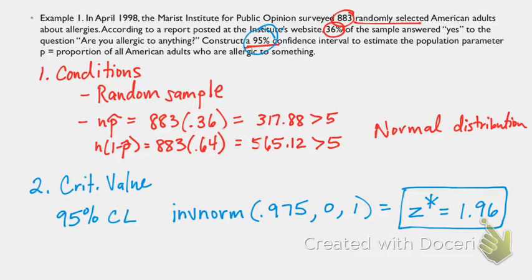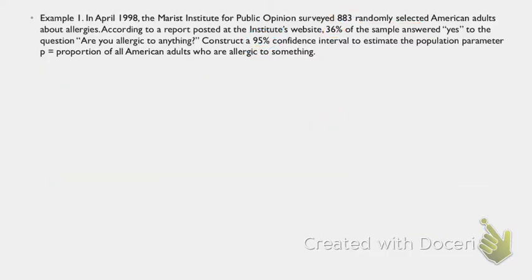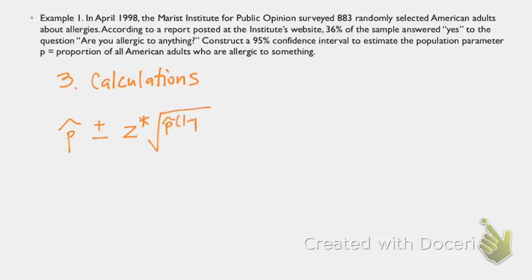What's the third step? Calculations. I'm going to write the formula by itself, which is p hat plus or minus z star square root p hat 1 minus p hat over n.